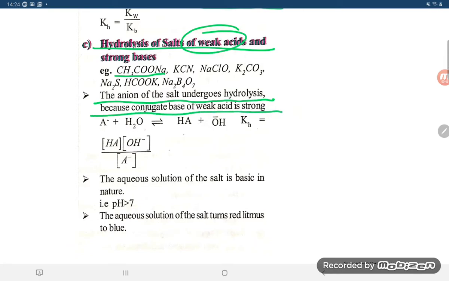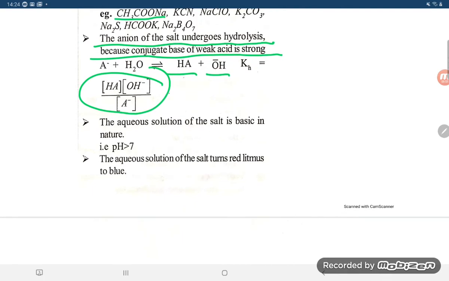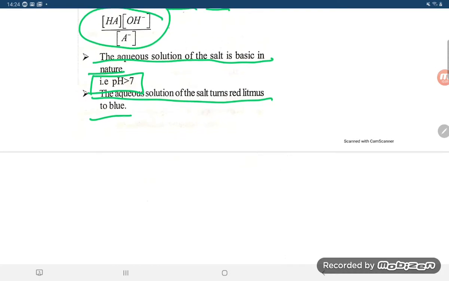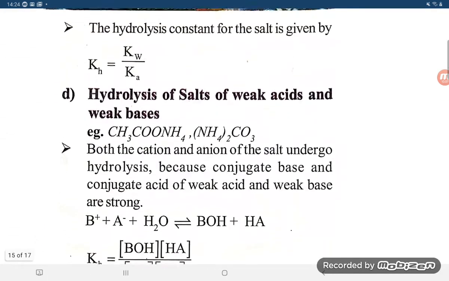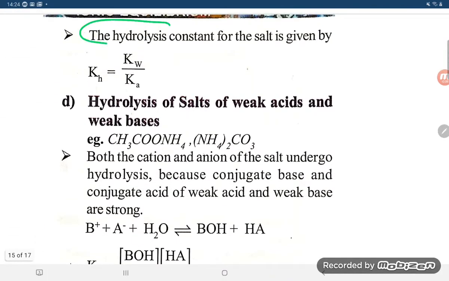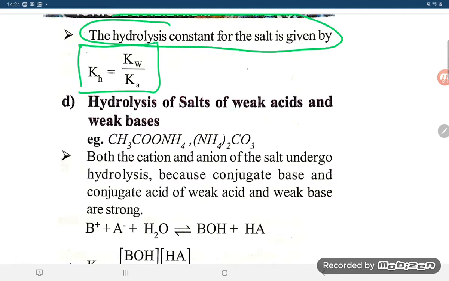So A- plus H2O gives HA plus OH-. Kh is equal to [HA][OH-] upon [A-]. The aqueous solution of the salt is basic in nature, so pH is more than 7. The aqueous solution of salt turns red litmus blue. The hydrolysis constant for the salt is given by Kh equal to Kw upon Ka.